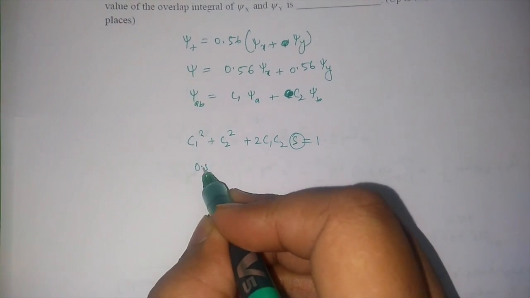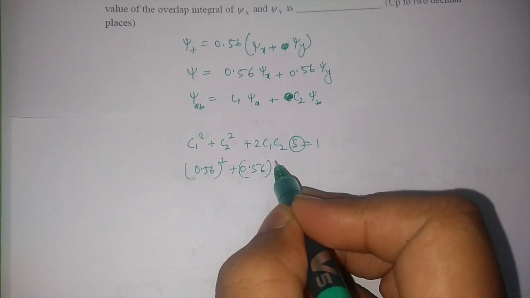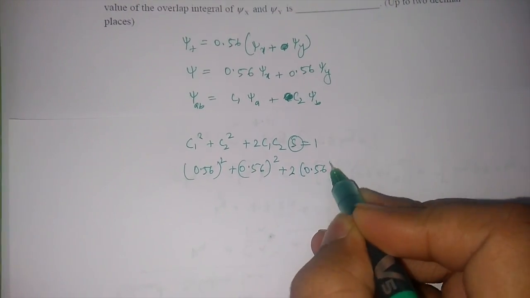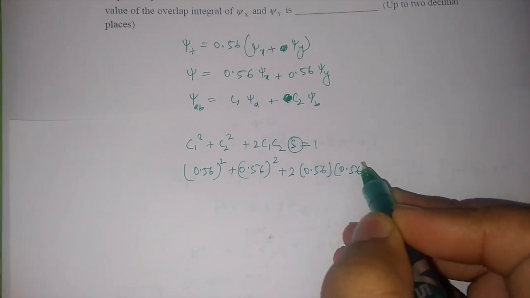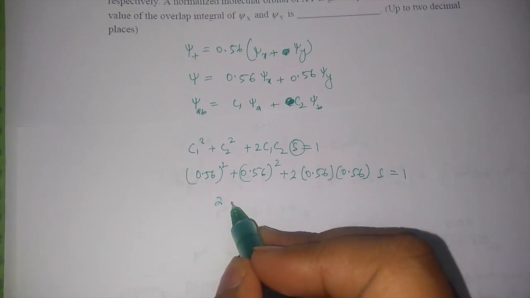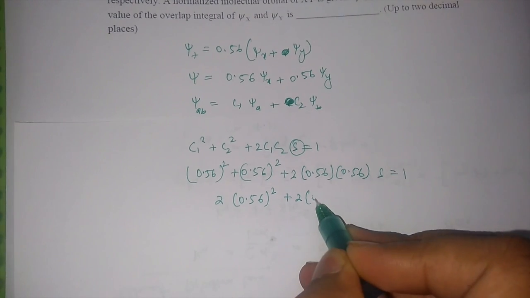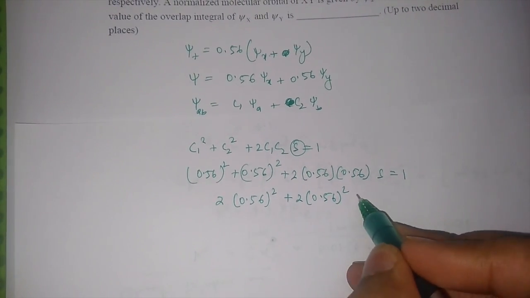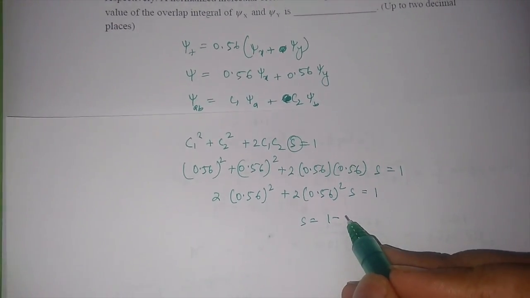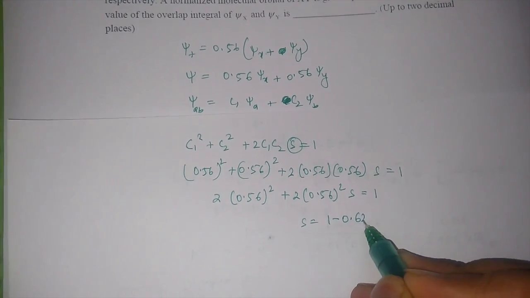So c1 is 0.56, c1 square plus c2 square, c2 is also the same, plus twice of 0.56 into 0.56 s equals 1. When we solve this, it will be 2 times 0.56 square plus 2 times 0.56 square s equals 1. So s will be 1 minus 2 times 0.56 square, that will give you 0.6272.